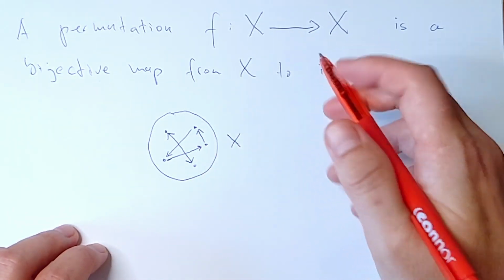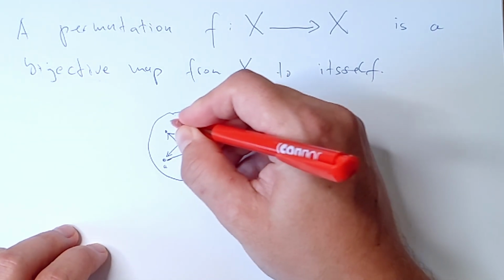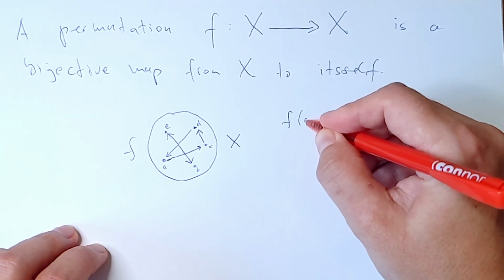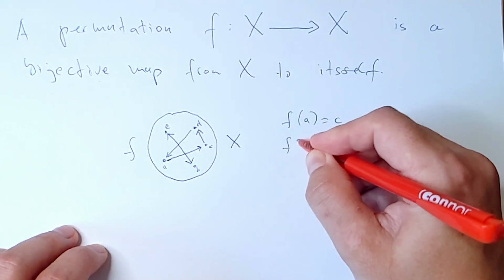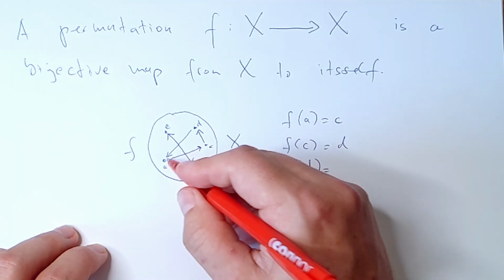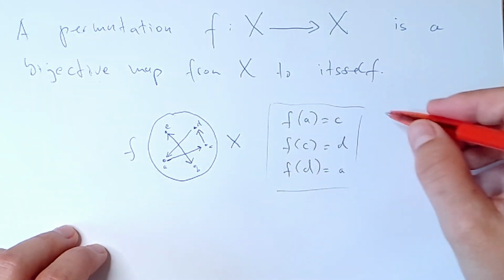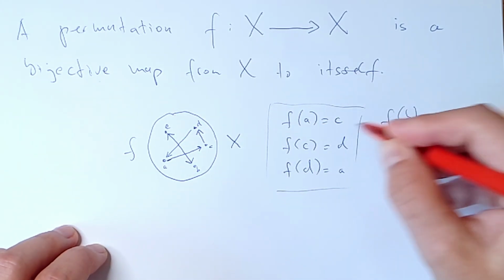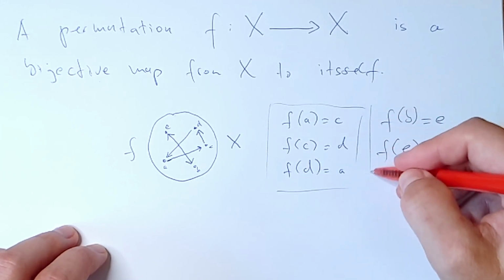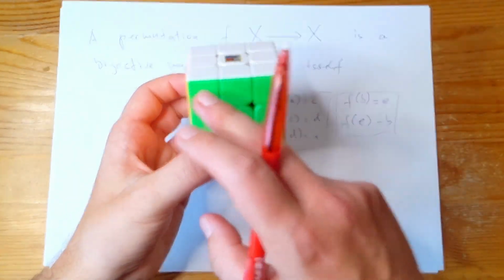So in a formal way, if you want to name these elements A, B, C, D, E, this mapping F is characterized by f of A is C, f of C is D, f of D is A. So this is our 3-cycle here. And then we have a 2-cycle, f of B is E, and f of E is B. This is the 2-cycle. And in our case, the set X is the set of facelets.